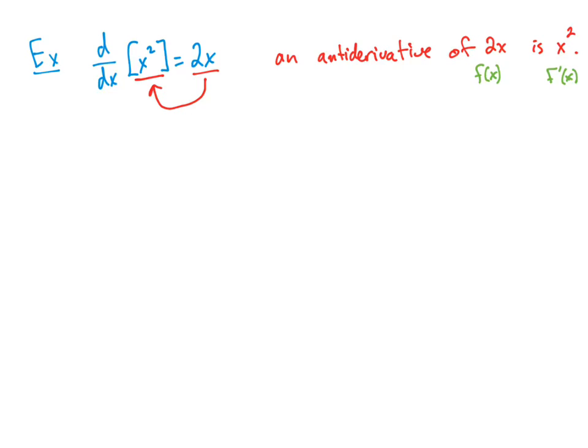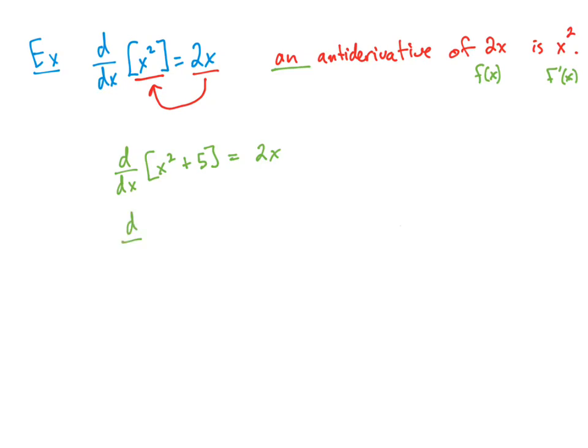Now we're saying that this is just one of the antiderivatives of 2x. If we think about it, if we take the derivative of x squared plus 5, that still gives us 2x.